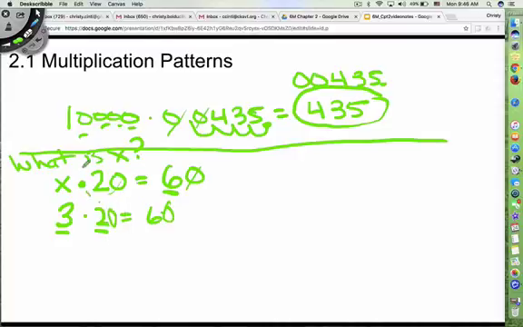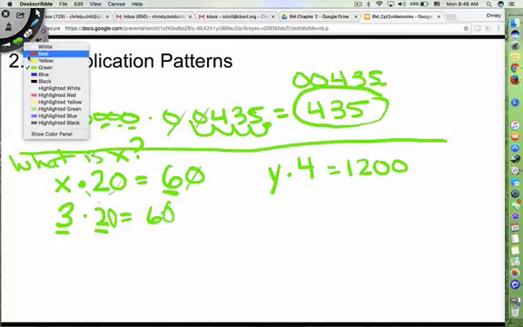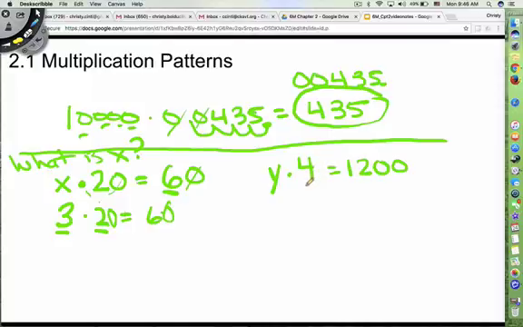Let's look at another example. Let's say that I have something like y times 4 is equal to 1,200. Now, what I'm asking you to do is to isolate the integers without those zeros on there. So y times 4 is equal to 12.